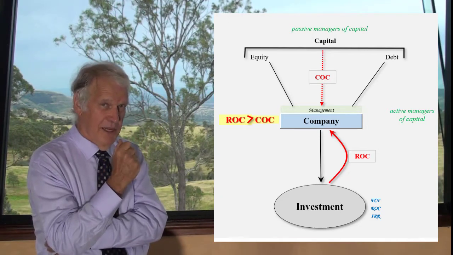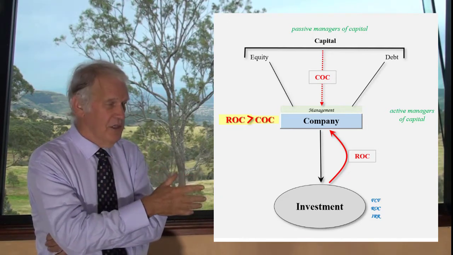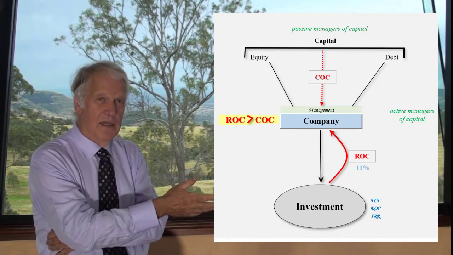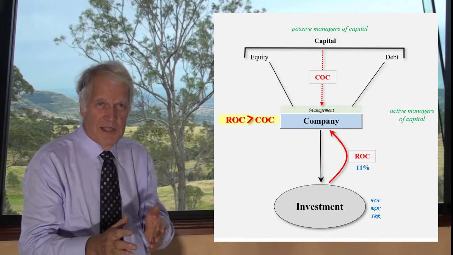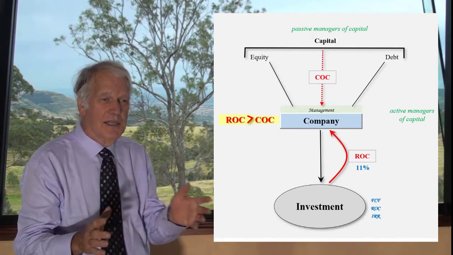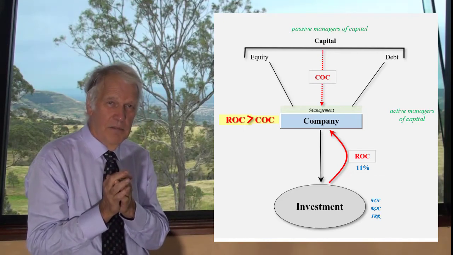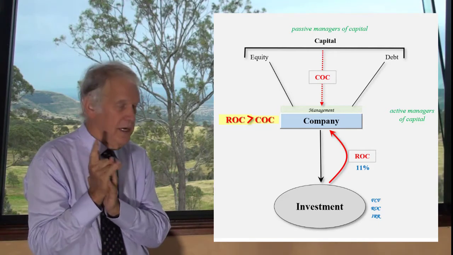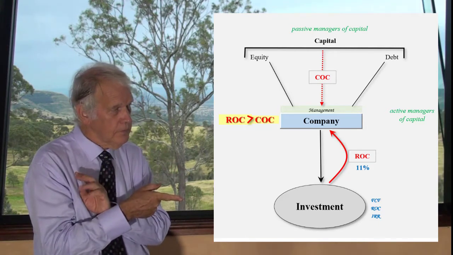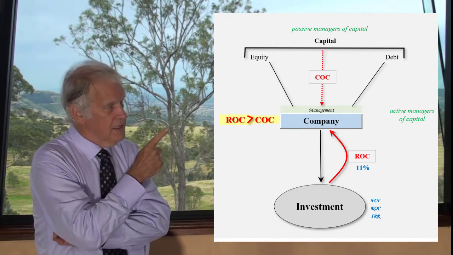Under my brilliant management, everything that we ever do has a return on capital of, let's say, 11%. I mean, obviously this is impossible. Every decision has a different return. But let's, as a classroom hypothesis, suppose that by some miracle, everything I ever touch turns into an 11% return. But let us suppose that the so-called cost of capital is 14%.